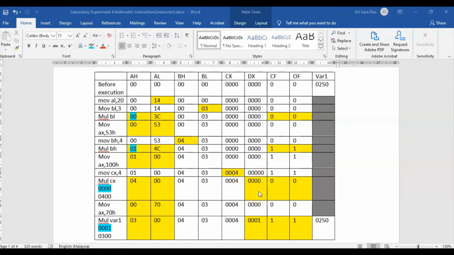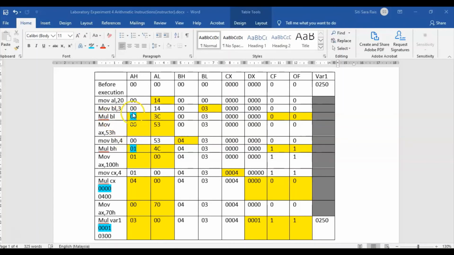If we compare to the 16-bit result of the multiplication, we just have to refer only to AH.